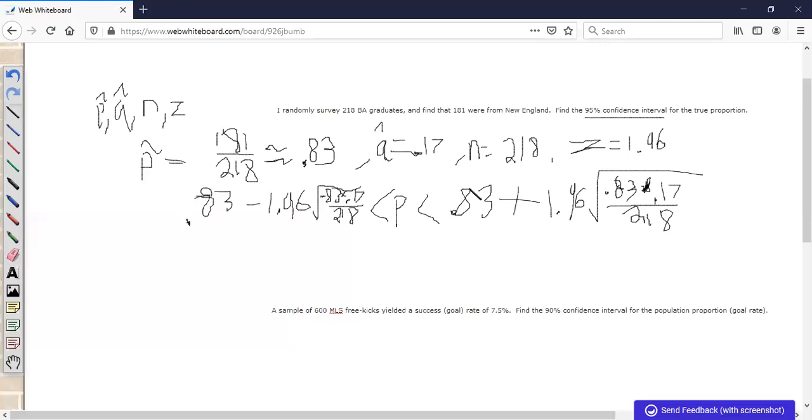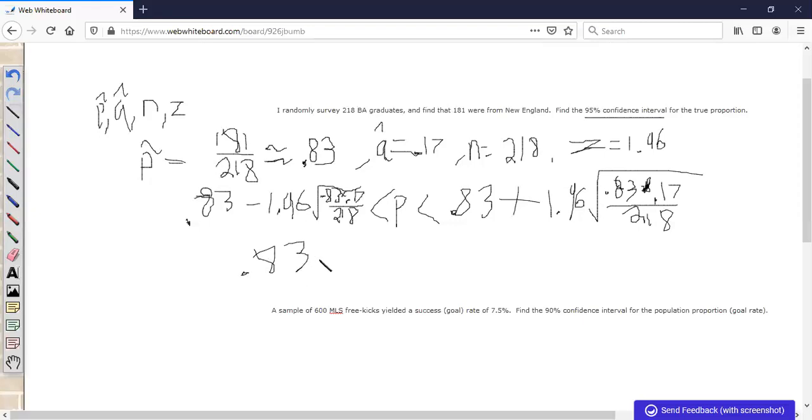Again, I've calculated this in advance. You're going to have to trust me when I say that the square root of 0.83 times 0.17 over 218 is 0.025. So what we end up getting here is 0.83 minus 1.96 times a little over 0.025, actually.